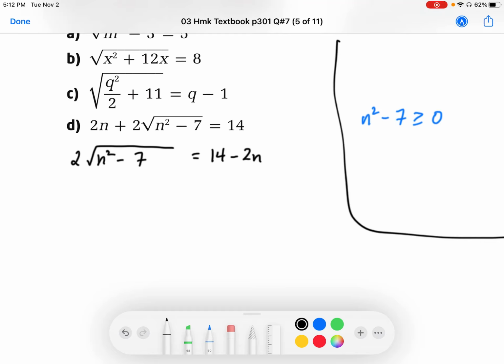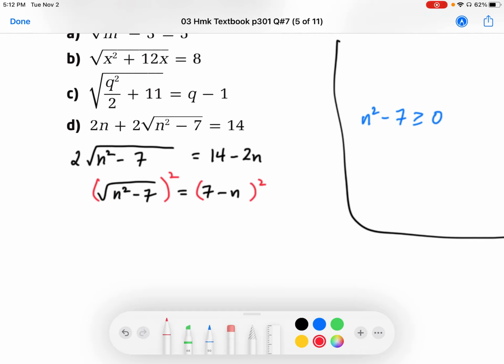Since there's a common factor of 2 and it's an equation, I'm going to divide both sides of the equation by 2, and we end up with 7 minus n. We don't have to do this, but it gives us smaller coefficients to deal with, which is often advantageous. So we want to undo the square root by squaring.